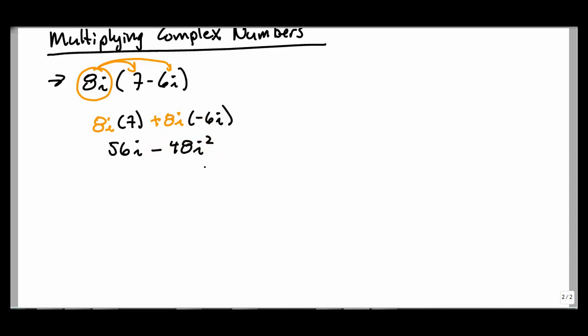Now, remember, our standard form is a plus bi. Nowhere in our standard form does it say I can have an i squared. Well, we just need to remember from our first page that i squared equals negative 1. That's why it's so important to have those first 4 memorized. So i squared is equal to negative 1.